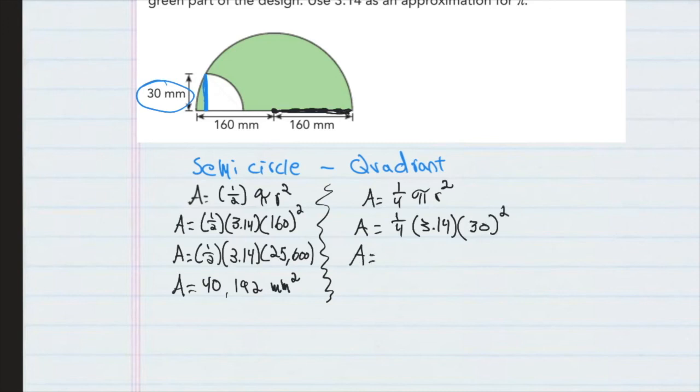And if we keep going, we have 1/4 times 3.14 times 30 squared, which is 900. So that means that the area equals, and you can use the calculator to go through this, approximately 706.5 millimeters squared.